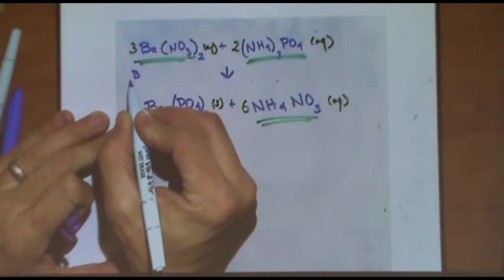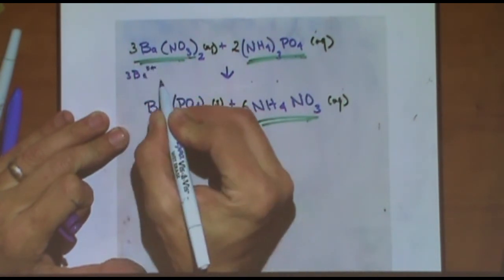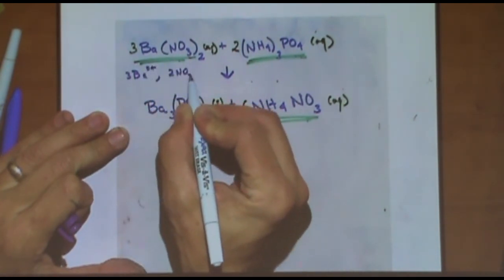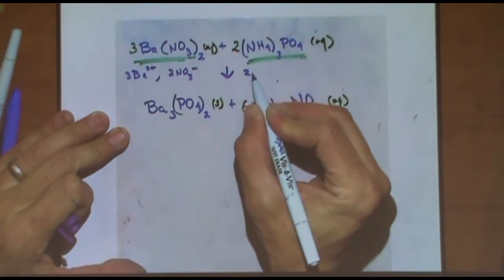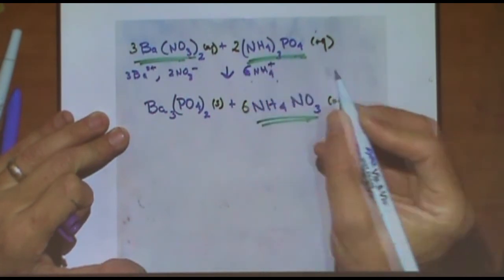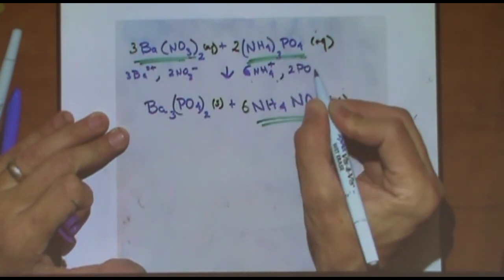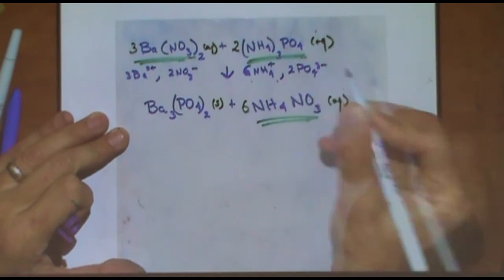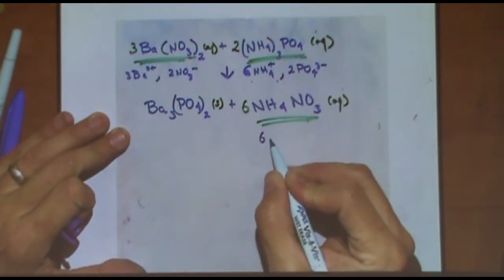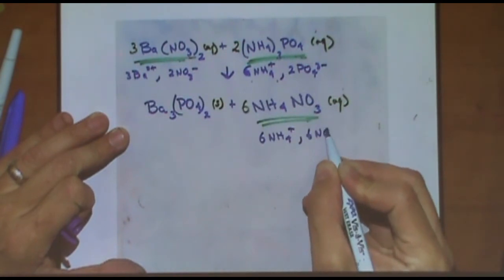So that'd be, in this case, 3 bariums and 2 nitrates, 6 NH4, sorry, 2 phosphates. This separates out as well, 6 NH4 plus and 6 NO3 minus.